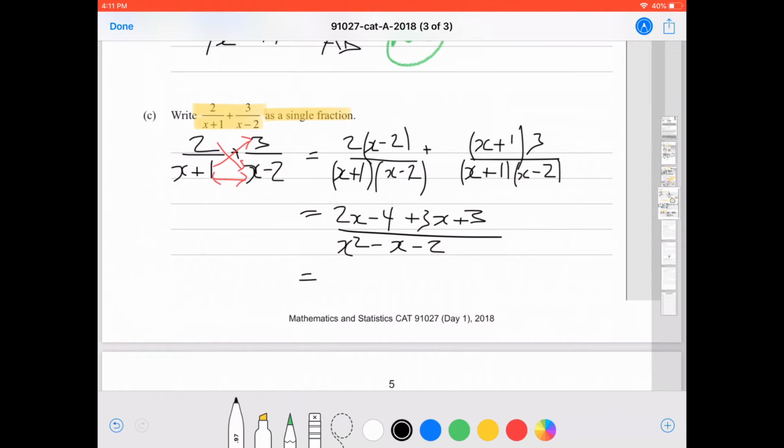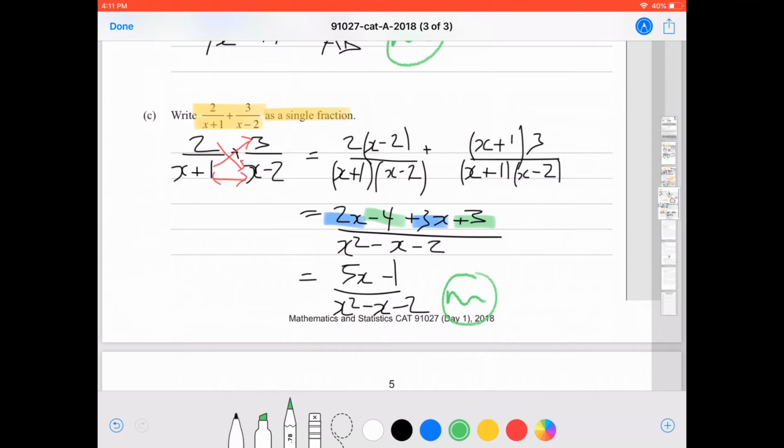We still need to collect like terms, I almost forgot. Collecting like terms, so we've got our 2x and our 3x, and our negative 4 and positive 3. So 2 plus 3 is 5x, and then just minus 1. And that's all over x squared minus x minus 2.